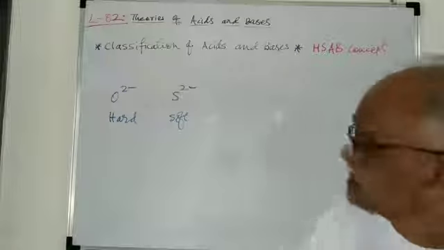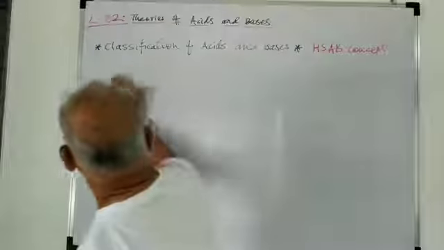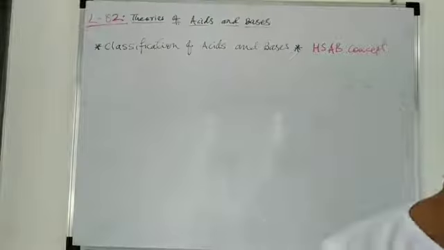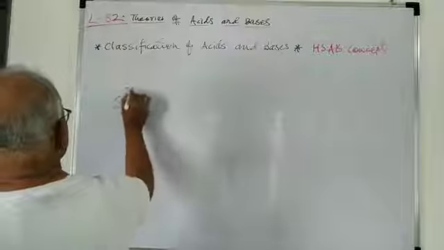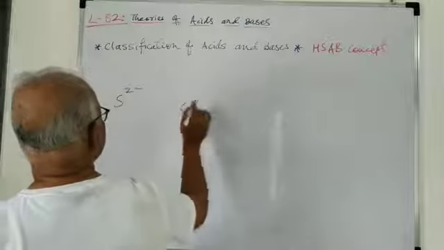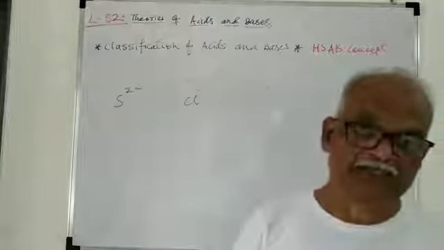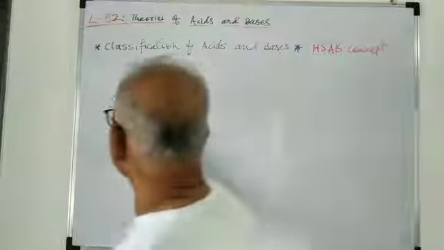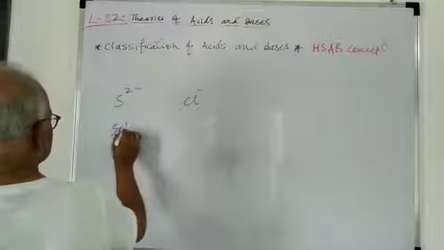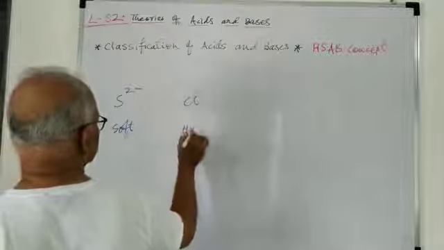Then if we consider another example, S2 minus and Cl minus. Here S2 minus is soft and this is hard.